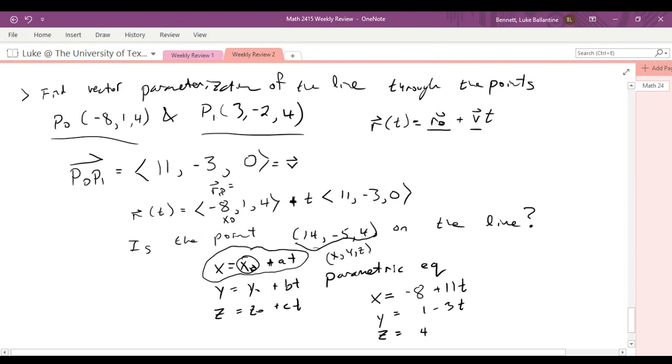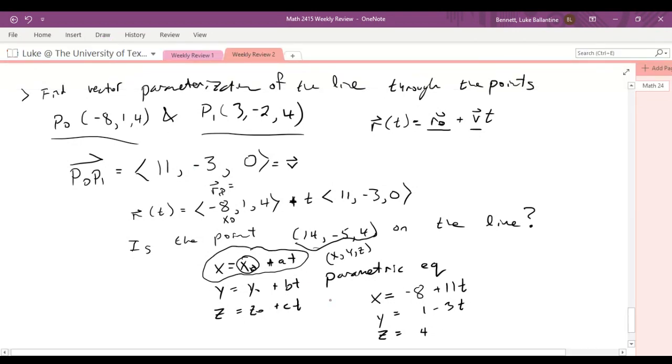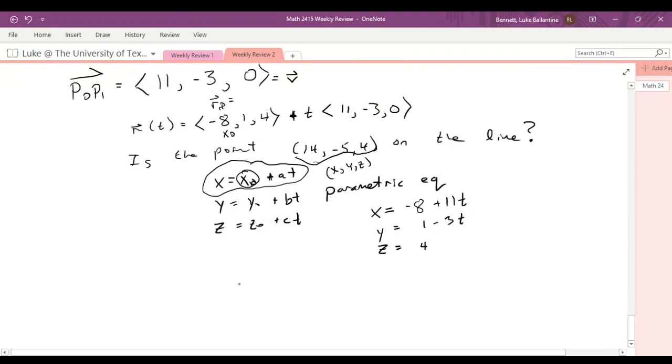Now what I'm going to do is equate the x component and see if the t is equal. Yeah, very good. So we have 14 equals negative 8 plus 11t. And then we have negative 5 equals 1 minus 3t. And then z, we have 4 equals 4.